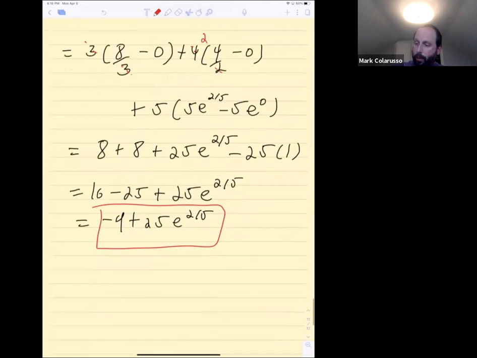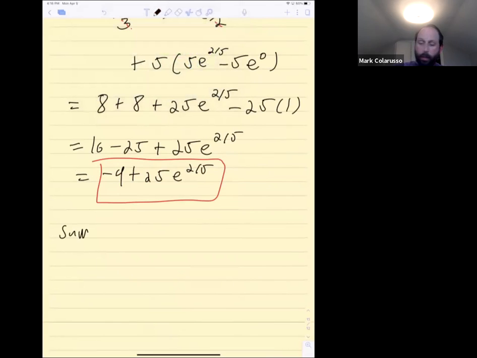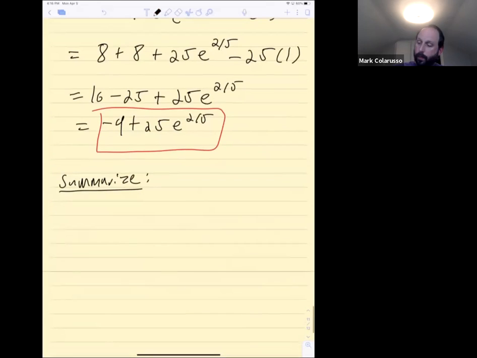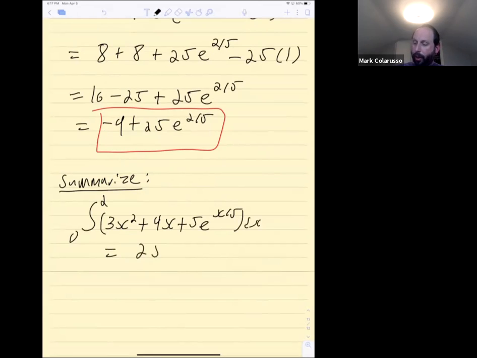Just to summarize, the integral from 0 to 2 of 3x squared plus 4x plus 5 e to the x over 5 dx was equal to 25 e to the 2/5 minus 9.